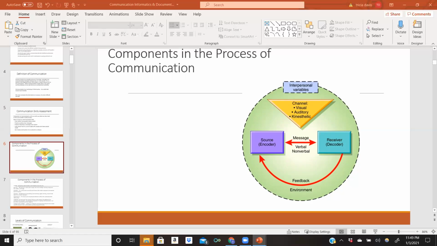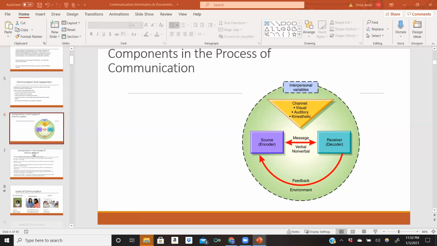And communication is a reciprocal process in which both the sender and the receiver of messages participate simultaneously, okay? So you're receiving and sending back and forth between you and your patient, or you and the doctor, or you and another nurse, whoever the people are that are involved in the process.